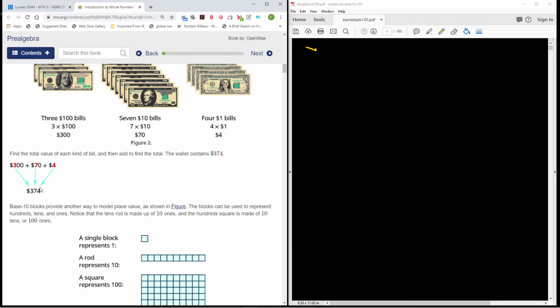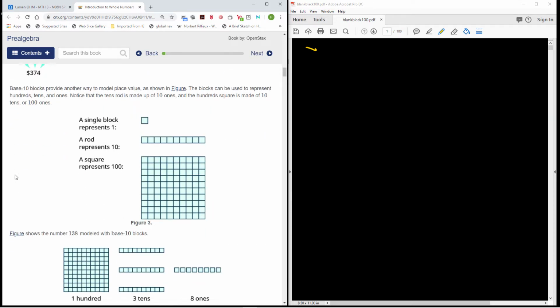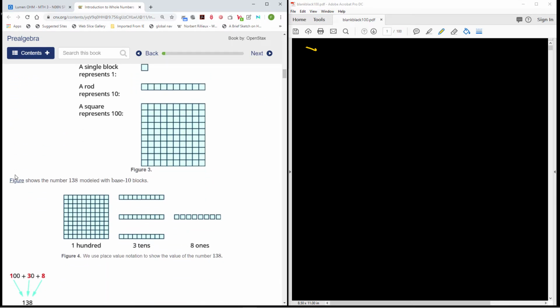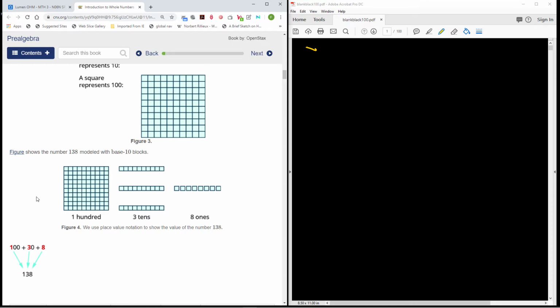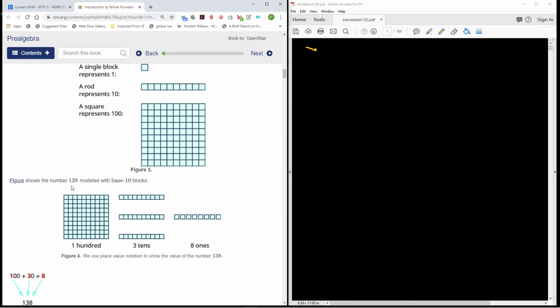We have 4 1s, 7 10s, and 3 100s. In this case, we have 138, my mistake. So we have 8 1s, 3 10s, and 1 100.